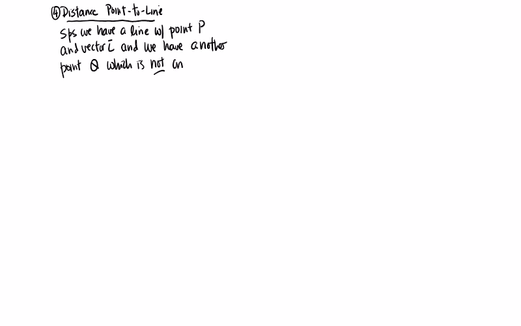We're going to give a line with the two fundamental things, with point P and vector L. And we also have, let's say, another point, Q, which is not on the line.